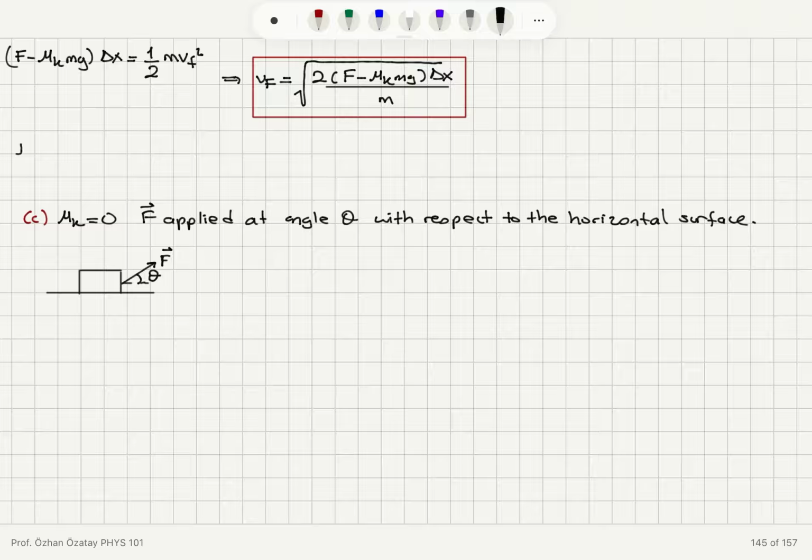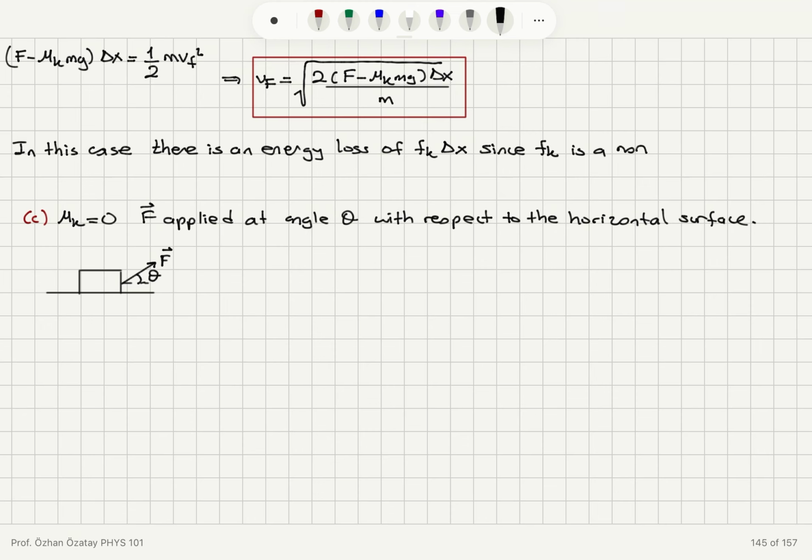So in this case, we have a modification on the problem. There is an energy loss. The energy loss is in the amount of kinetic friction times delta x, and this happens because the kinetic friction is a non-conservative force.